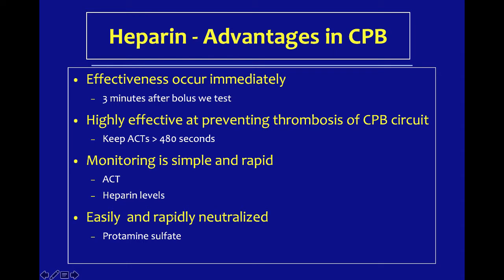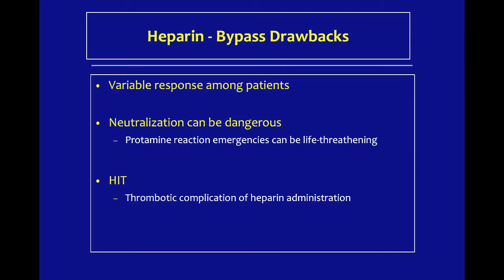The other nice thing about heparin is it's easily and rapidly neutralized by protamine. That's not without risks. There are protamine reactions, but it is easily and rapidly neutralized. We can give protamine, and really within minutes we have restored the hemostatic balance and our ACTs have gone back to normal.